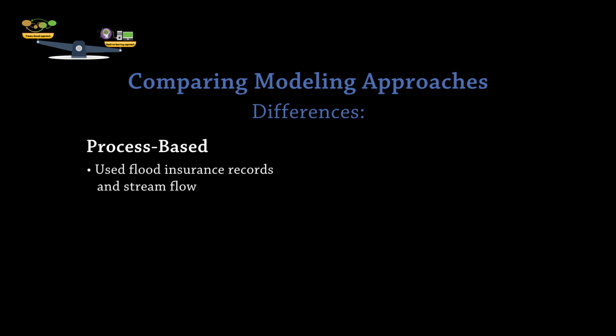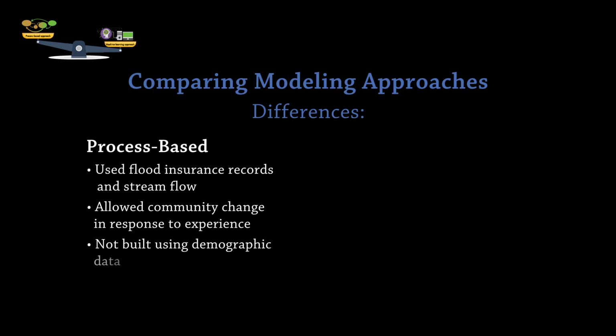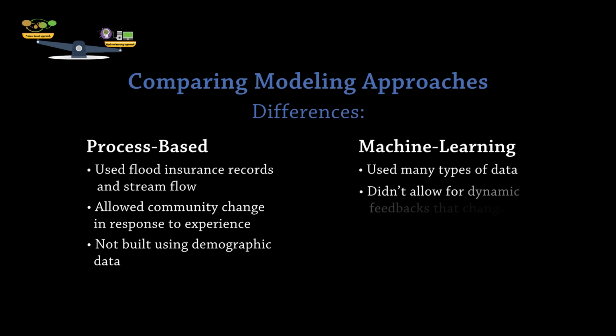The process-based model considered flood insurance records in a time series of peak streamflow. It took into account how communities might change over time in response to past experiences. While it didn't know anything about the demographic data, a post-model validation correlation analysis showed relationships between model parameters and demographics. In contrast, the ML model required many different types of data points on each city, and it did not allow for dynamic feedbacks that changed community response.